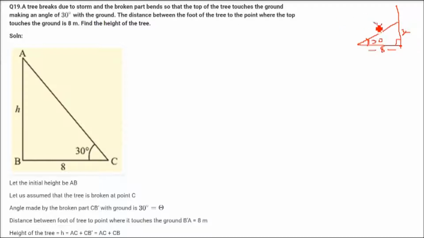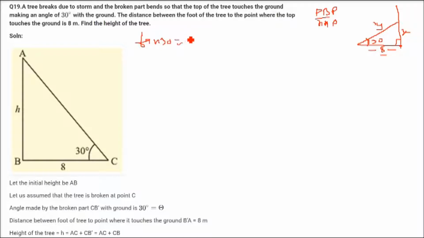So we have the perpendicular and the base. This is the hypotenuse, sorry. This is the hypotenuse and the base. So we have to use this base every time.